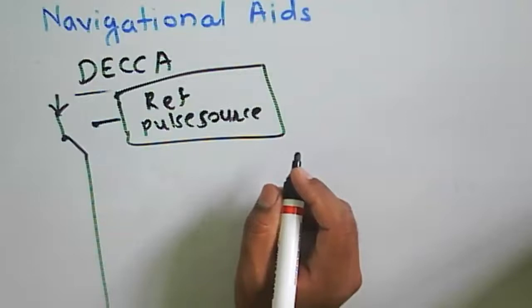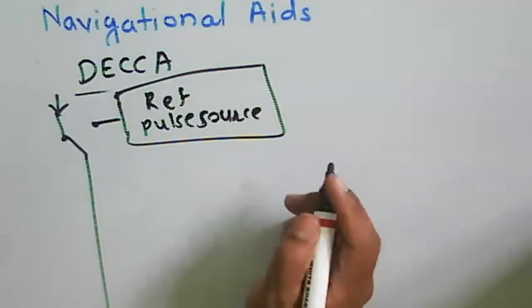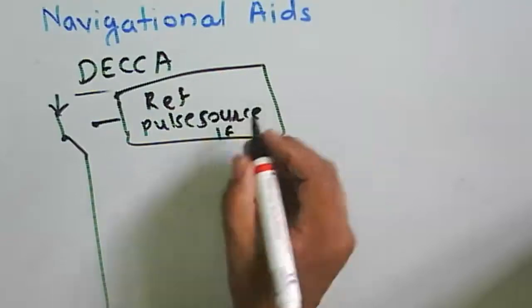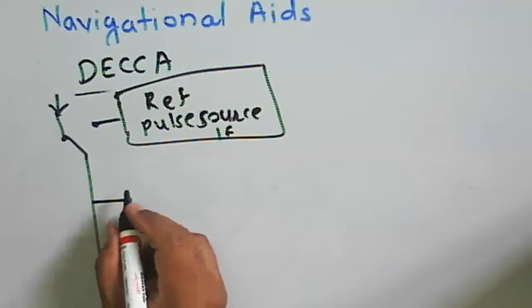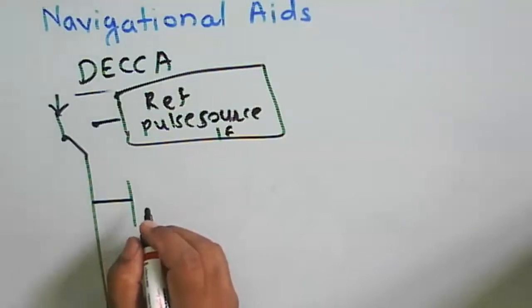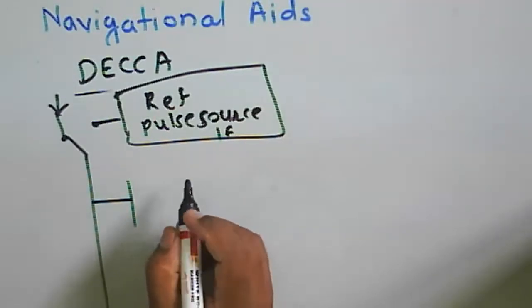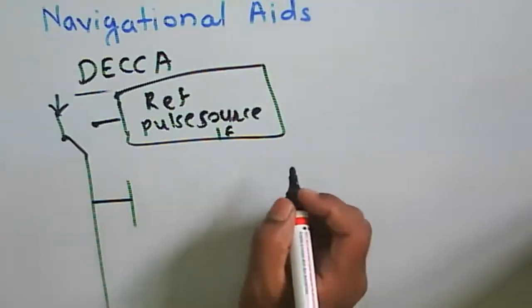Generally the master is 6F. Then it has the slaves: if it is red, it is 8F, and if it is green, it is 9F.